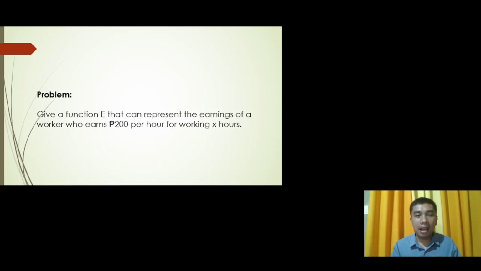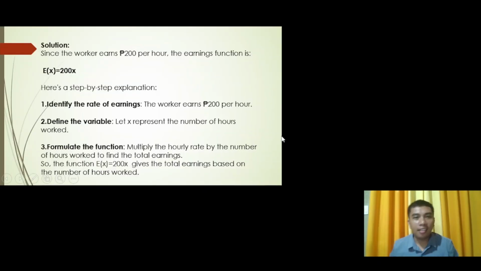So, the time is yours now. Okay, let's check if your answer is correct. Hopefully you will get the correct answer. Here is the solution. Since the worker earns 200 pesos per hour, the earnings function is e of x equals 200x.